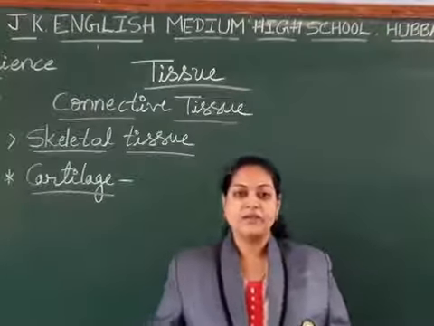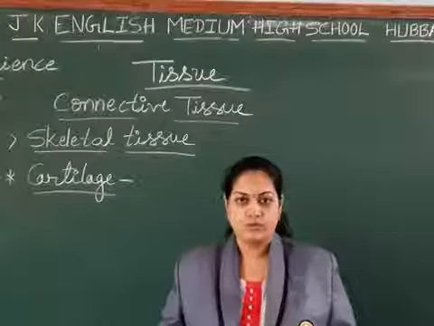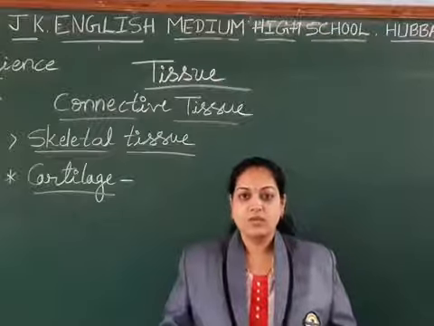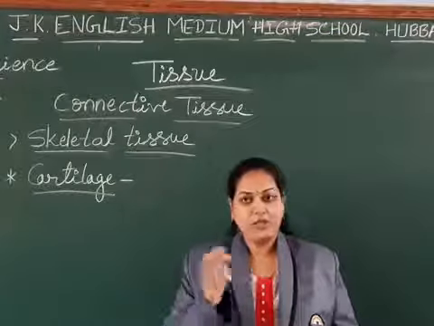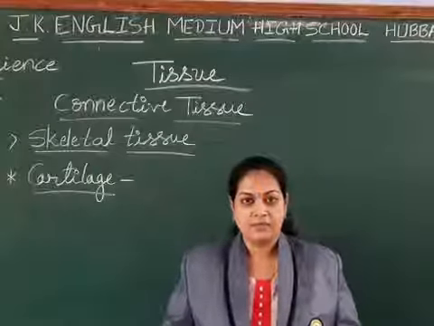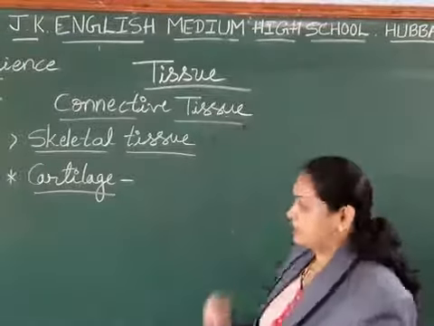As we have started with the 9th standard science, the lesson tissues, we have discussed in our previous videos that there are animal tissues and plant tissues. Animal tissues are of 4 types, right? In that we have started with the connective tissue.